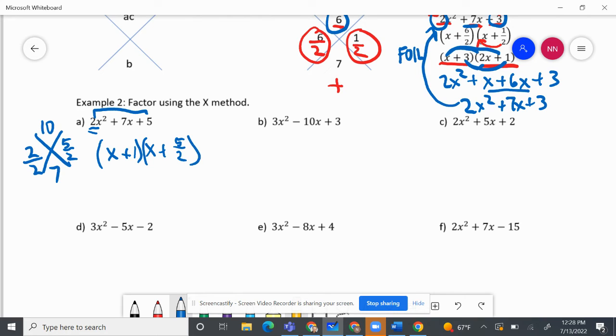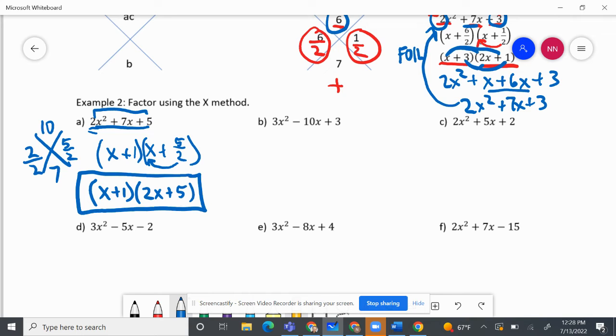Now notice that this is not a fraction. That's why we're getting rid of the fraction with the bottoms up. We're going to bring the bottom to the top. And we have x plus 1 and 2x plus 5. Notice that 2x squared is our leading term. X times 2x gives us the 2x squared. So we know we did it correctly.